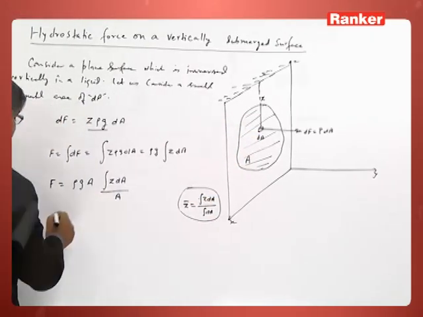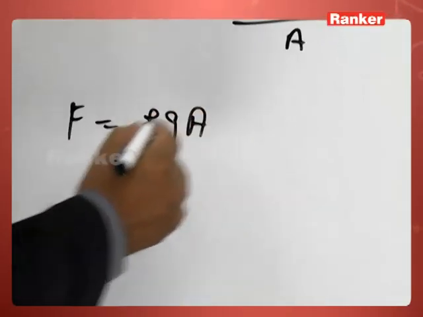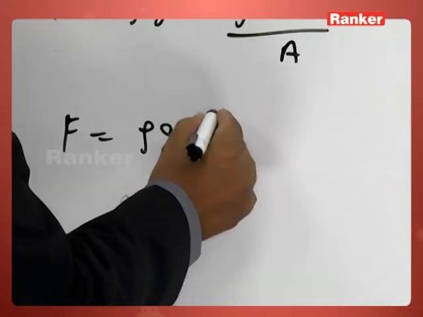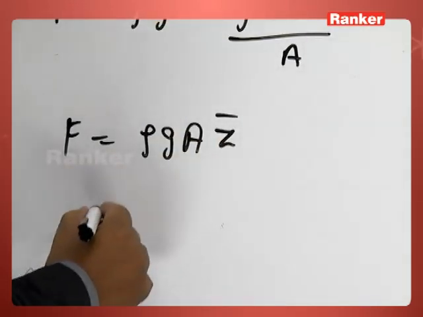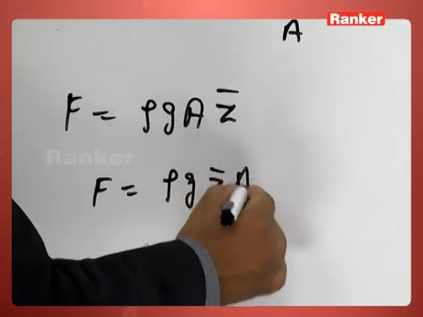So we can write F is equal to rho g A into Z bar, that is, the total force is rho g Z bar into A.